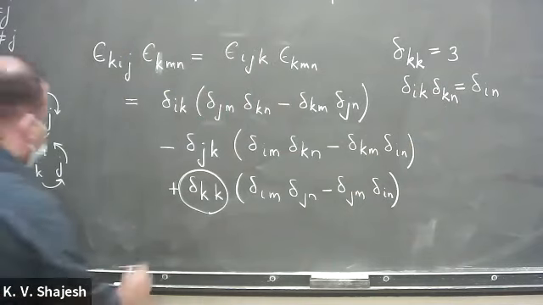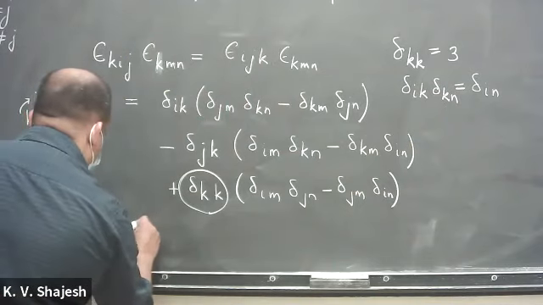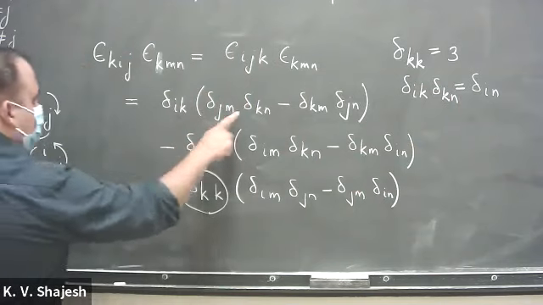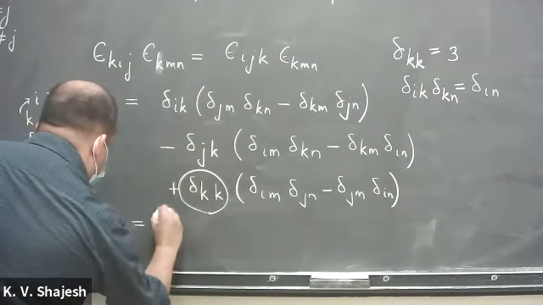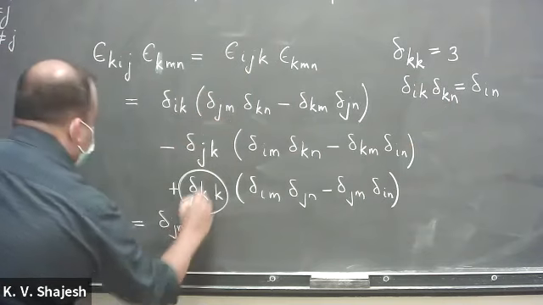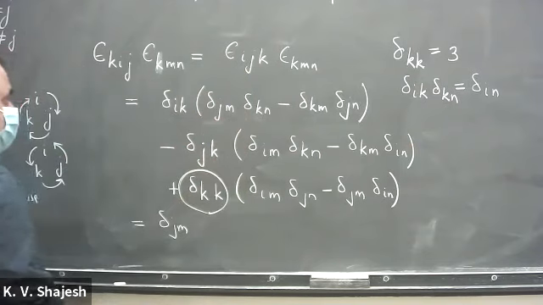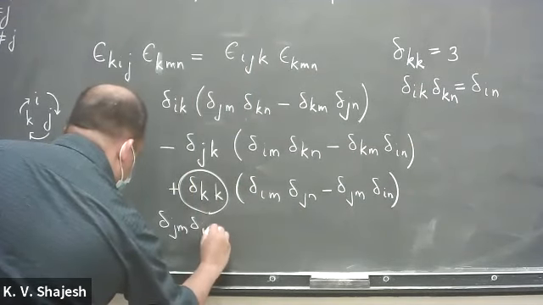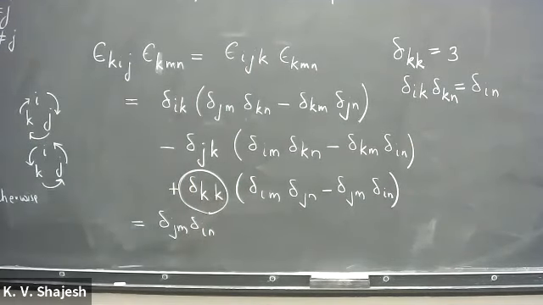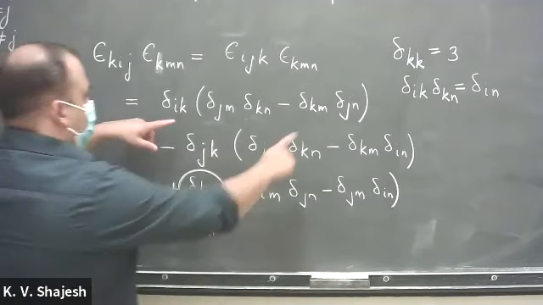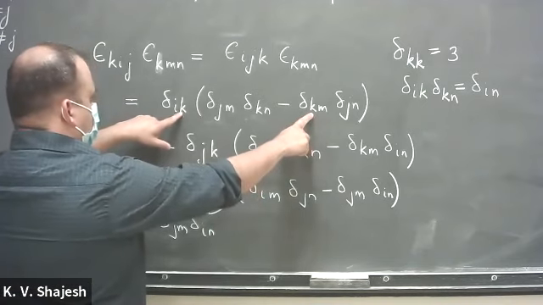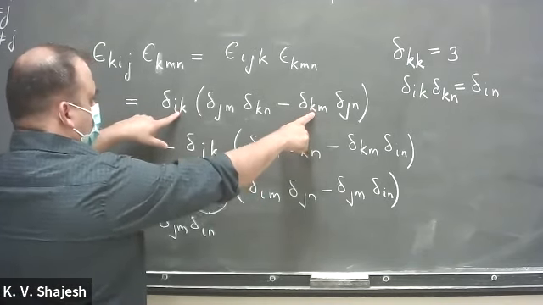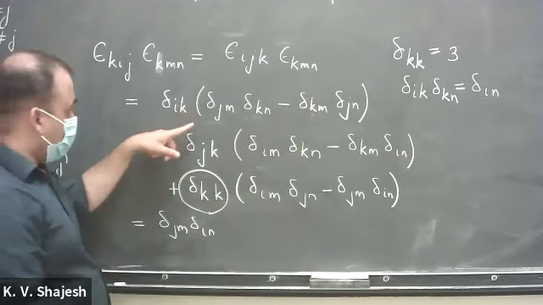So using these properties, let's try to write this down. So this is delta JM, and I have replaced delta K, K gets replaced with I, delta IN. Right, that's the first one. The second one, again, K gets replaced with I here, right? K gets replaced with I here. Same thing is happening.